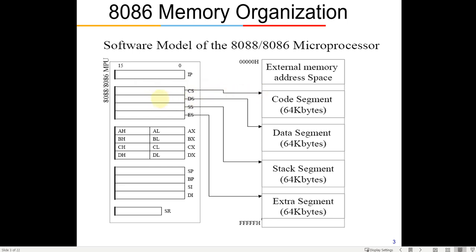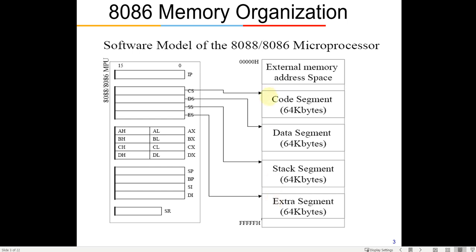If the data segment is 4000 hexadecimal, 40,000 will be the starting address. If the stack register holds 6000, 60,000 will be the stack starting address, and if it is 8000 here, 80,000 will be the extra segment starting address.